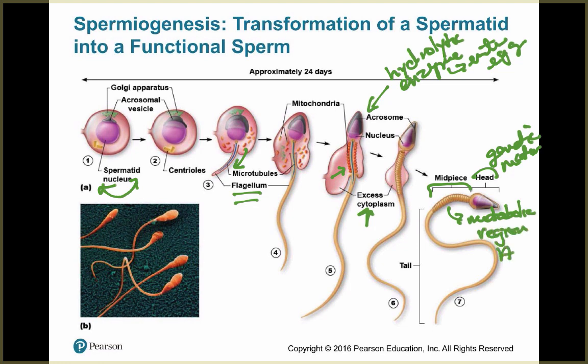So that's going to produce all the ATP. As you can see, the mitochondria are lined up there. And the last part is this tail region. And that has a flagellum, and so it's for locomotion or movement. So this is the process of making functional motile sperm.